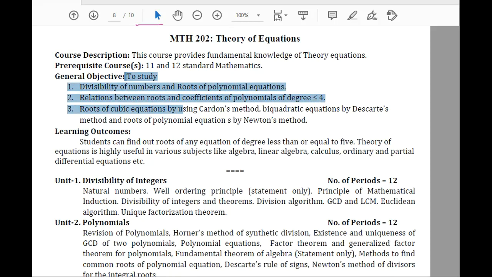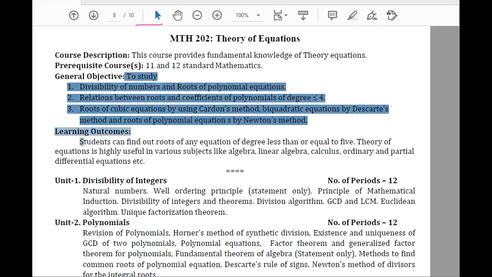We will solve cubic equations using Cardan's method, and we will solve biquadratic equations, that is equations of degree 4, using Descartes' method. And we will study how to find roots of a polynomial equation by Newton's method.